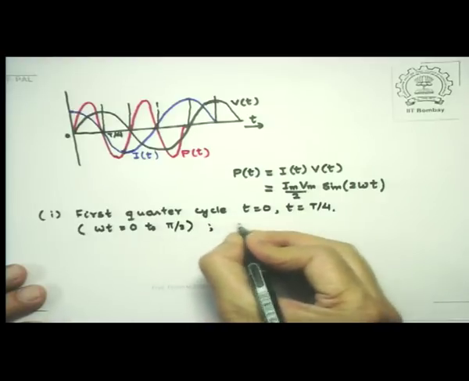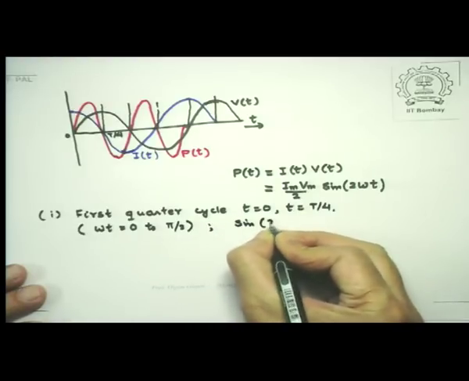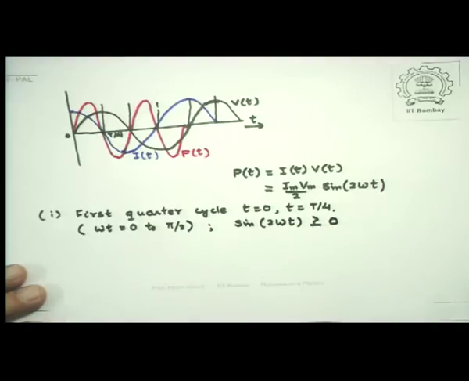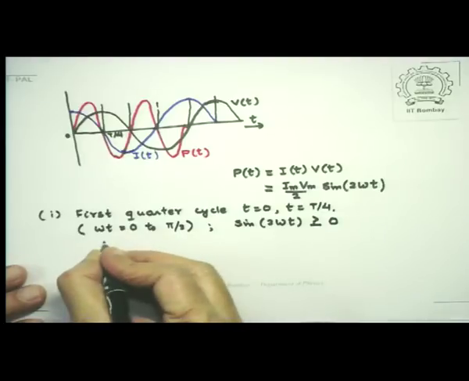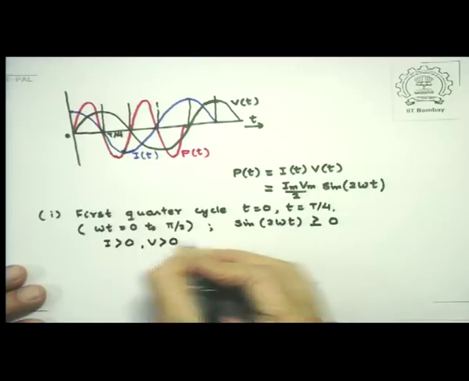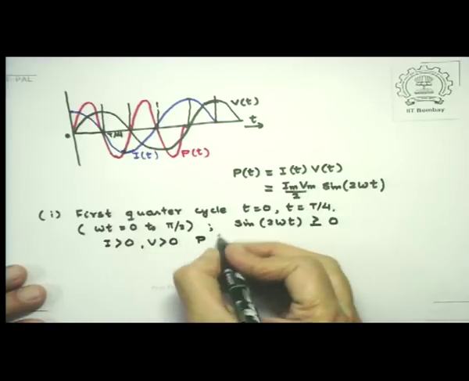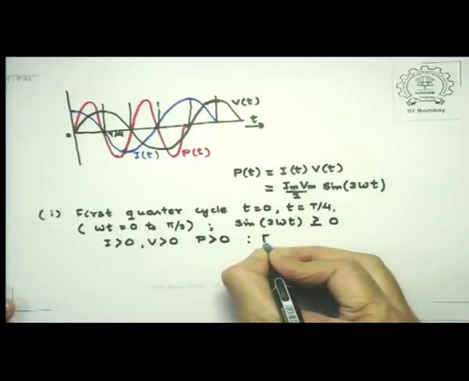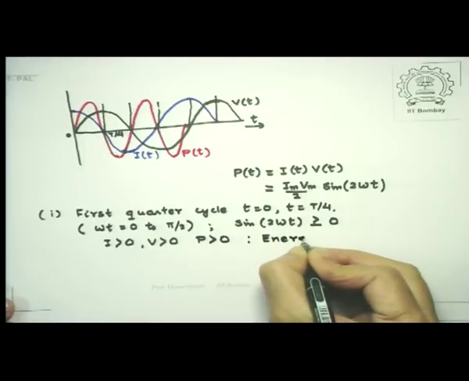So sine of 2 omega t remains positive. So this is shown by the red curve here. So I is greater than 0, V is greater than 0, and naturally the power P, which is product of I and V, is also greater than 0. Here the energy is absorbed from the source. Power is positive means energy is absorbed.